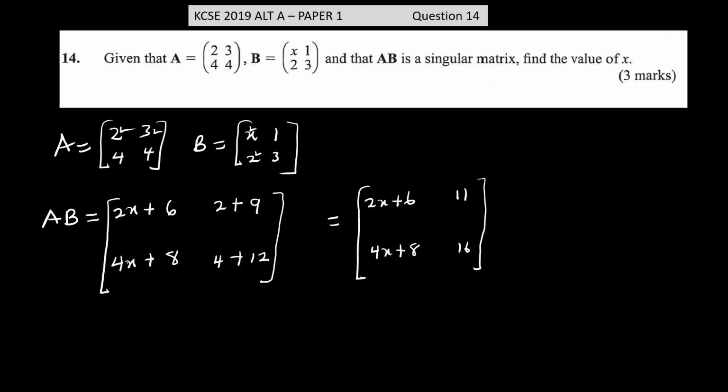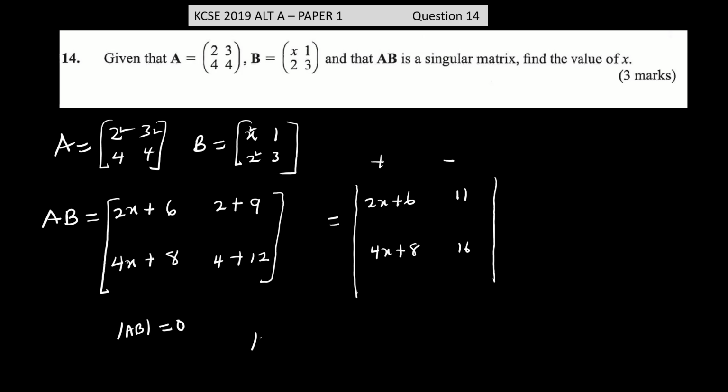Since we have that matrix AB is singular, then the determinant of AB must be equal to 0. Now let's find the determinant of AB. Let me remove this and use the sign of the determinant. This is plus and minus.